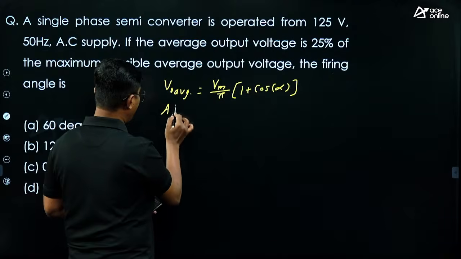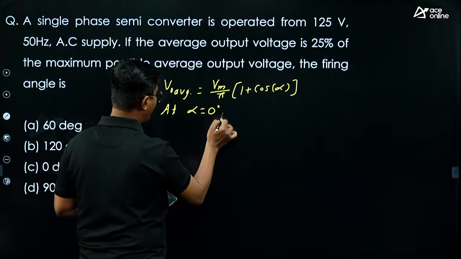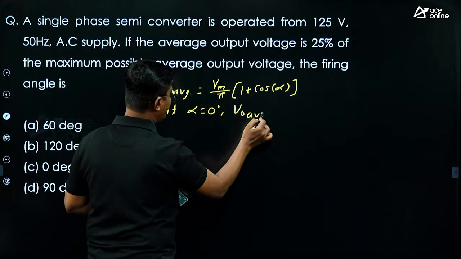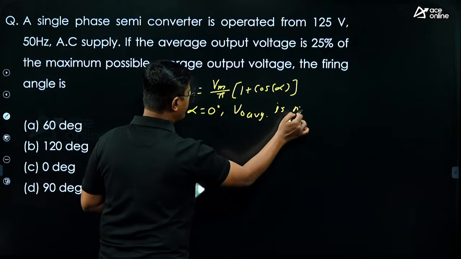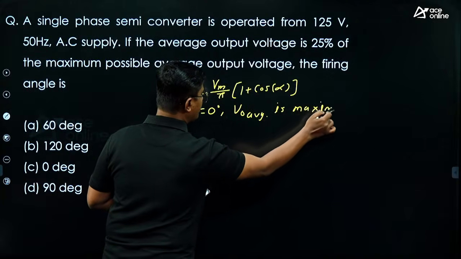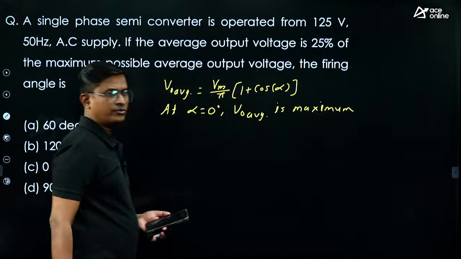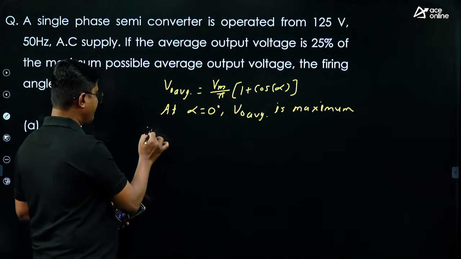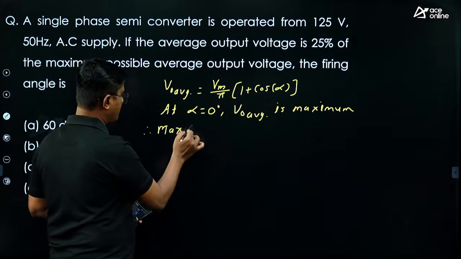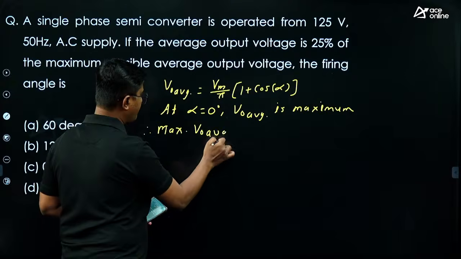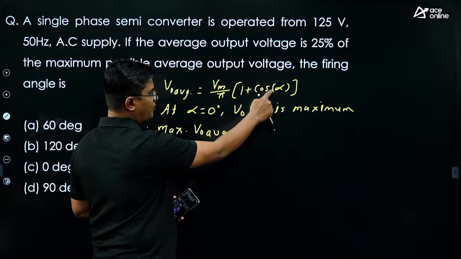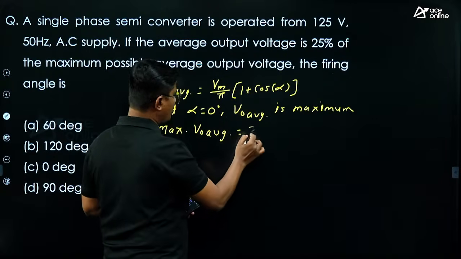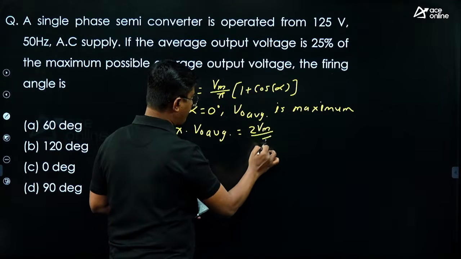So at alpha equal to 0 degree, V0 average is the maximum. Put alpha 0 here, it is 1 plus 1, that is 2 Vm by pi.